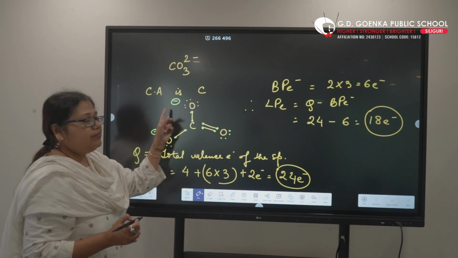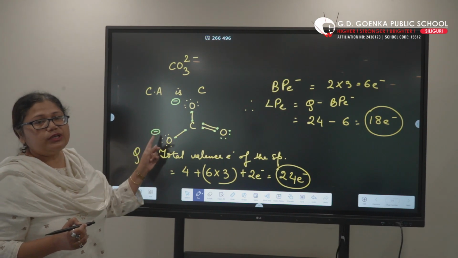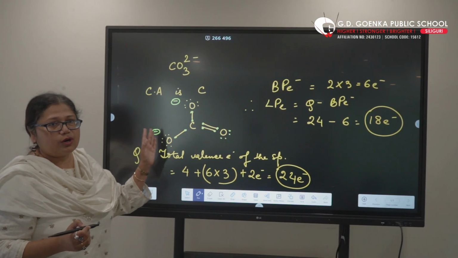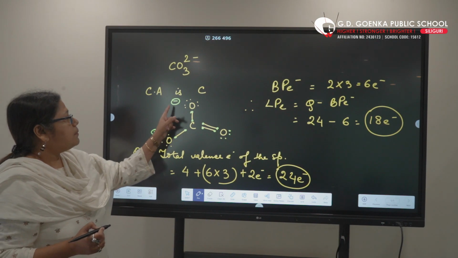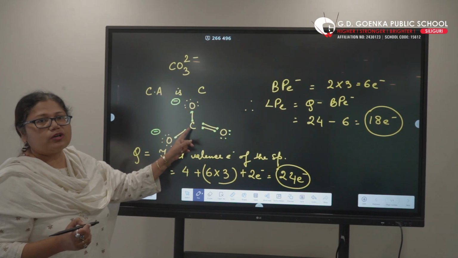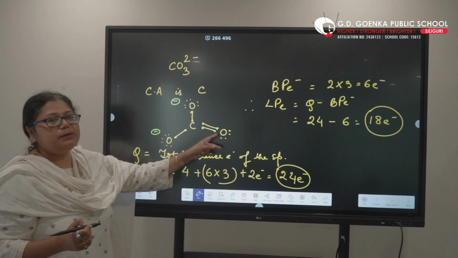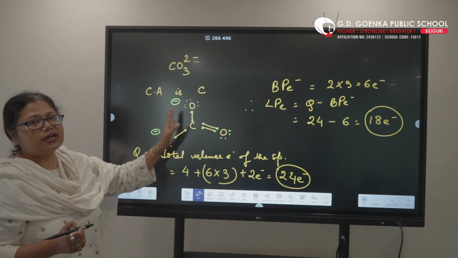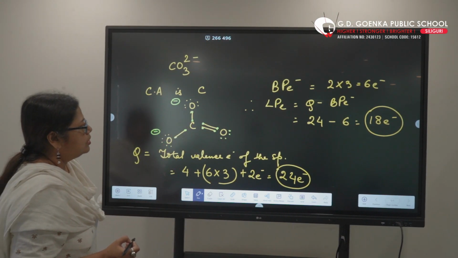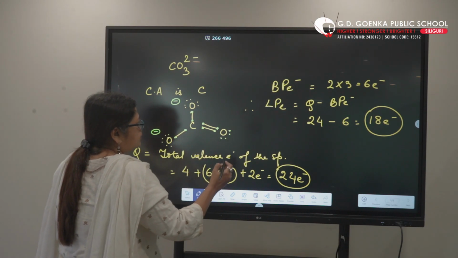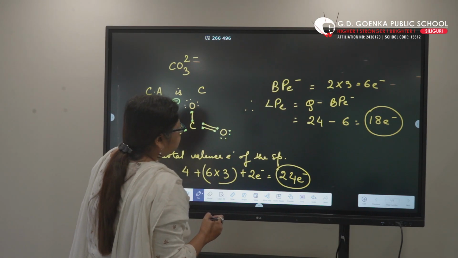You can verify the charge by calculating from the formula of formal charge. You will get -1 for single bonded oxygen, and for doubly bonded oxygen the formal charge will come 0. So finally, this is the Lewis dot structure of carbonate ion.